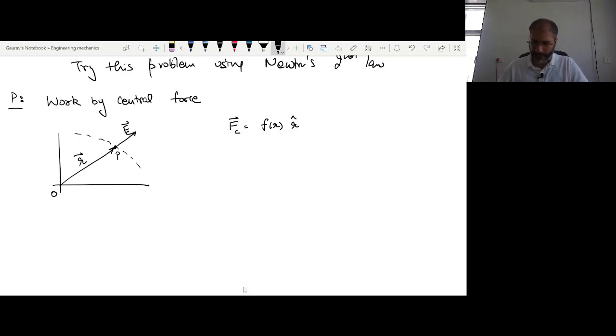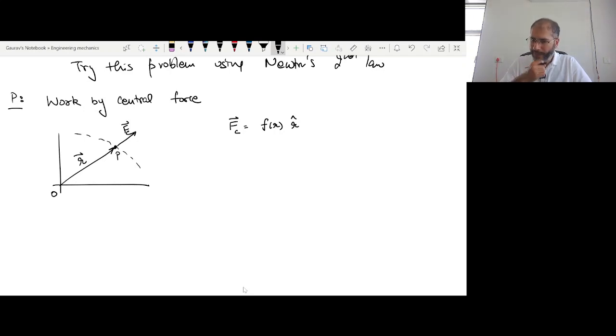In this case, the center of this motion is defined using O. So Fc, that is acting on the particle, will always act along r hat, the position vector that joins the particle P to the center O, and its magnitude will only be dependent on the distance from that center, that is the distance r. So this is how we define a central force.